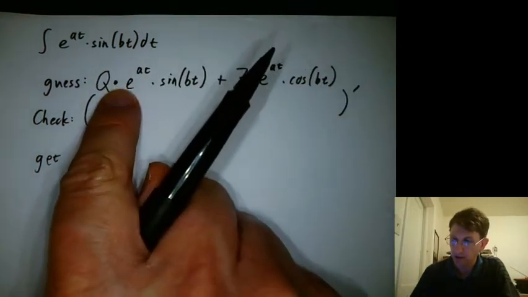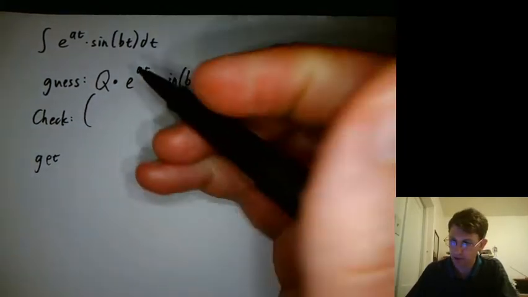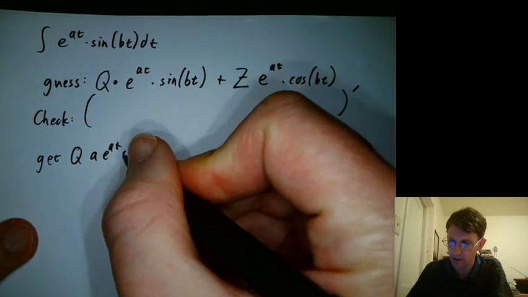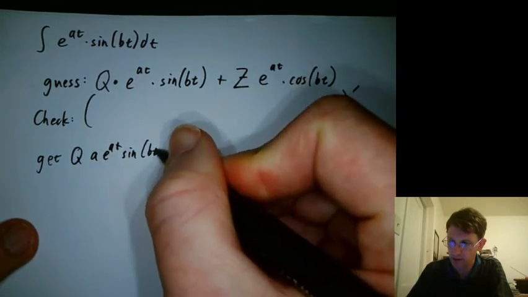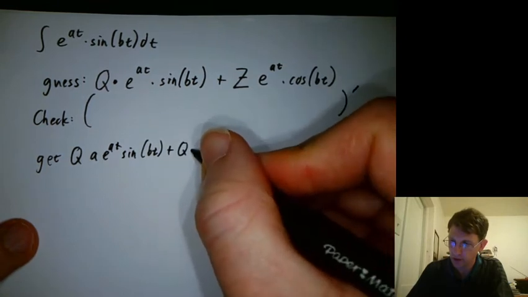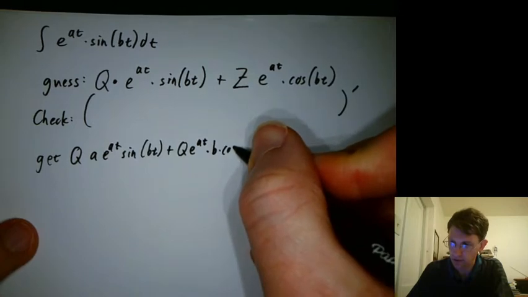Well, I'm going to need the product rule here and the product rule here. Let's actually write that out. I know it's crazy. We're going to get q a e to the at sine bt. That's the first part of the product rule, plus q e to the at times b times cosine bt.